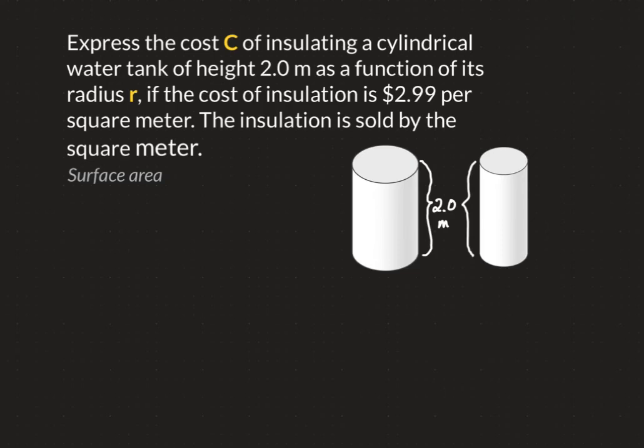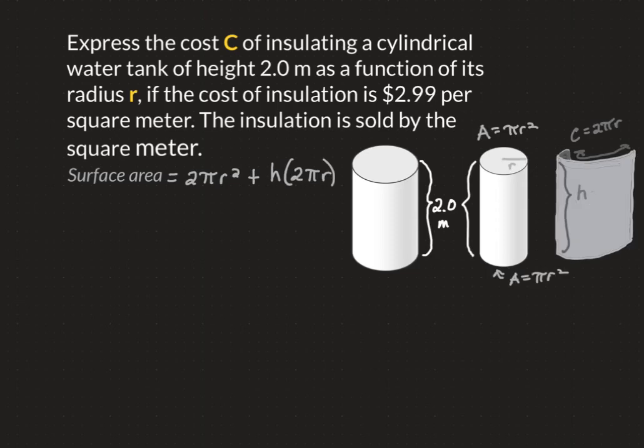So we need to know the surface area of a cylinder, and that is equal to 2 pi r squared, which is equal to the area of the top and the area of the bottom, plus the height times the circumference. And I've included some diagrams to explain where that comes from.